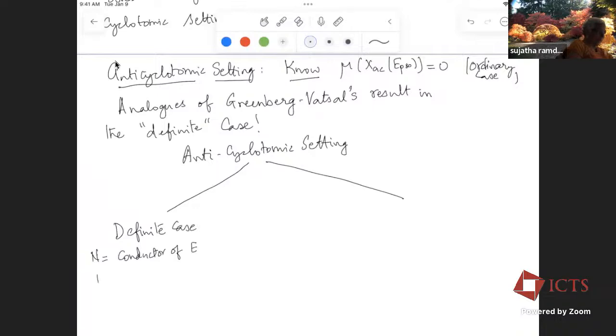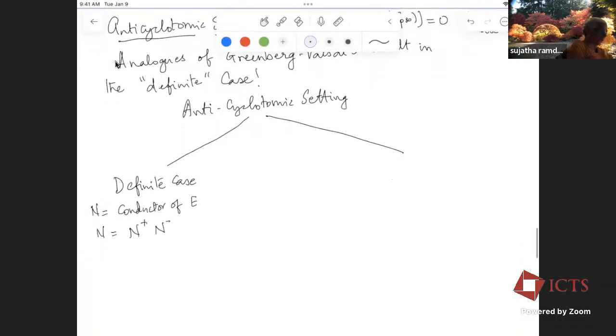And then it breaks naturally into N^+ and N^-, two integers which are very important in the anticyclotomic setting. N^+ is divisible by all primes split in K over Q, the imaginary quadratic extension.